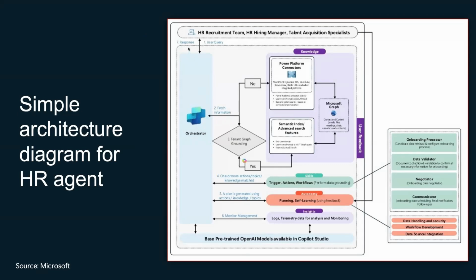Triggered by the user query, it would fetch data from Power Platform connectors and Microsoft Graph, then trigger one or two tools and take action. So all these capabilities are available. That's why, if you really want to build agents at enterprise level or department level, you would go to Copilot Studio.